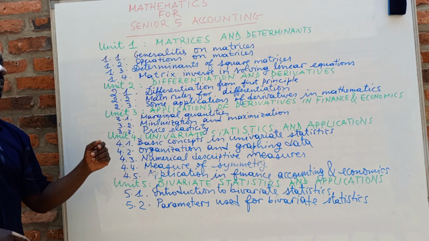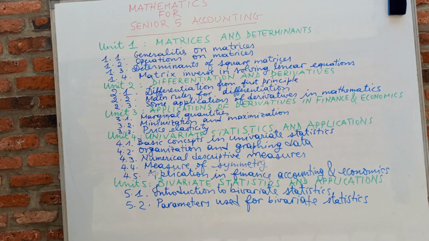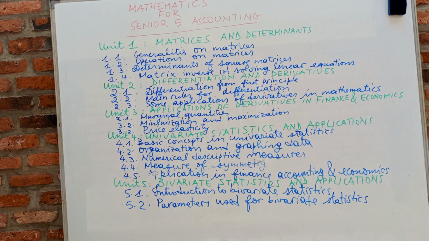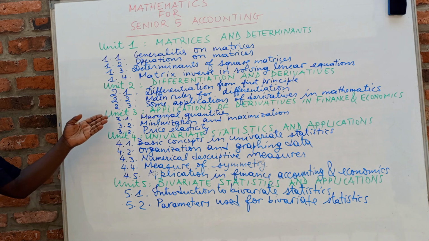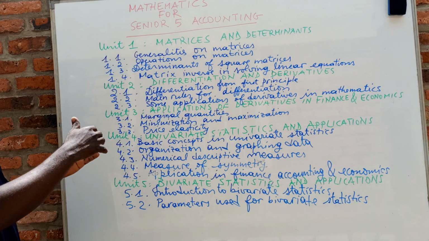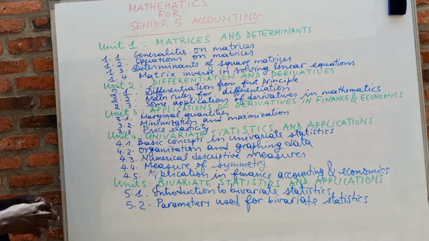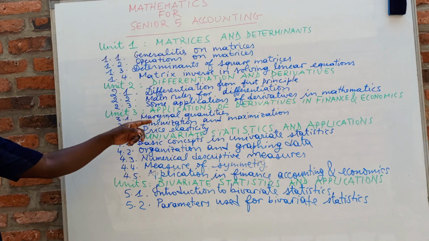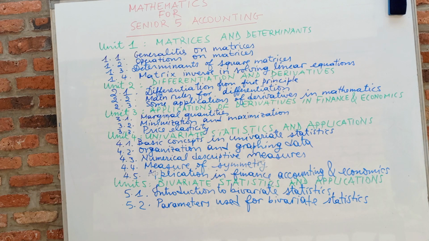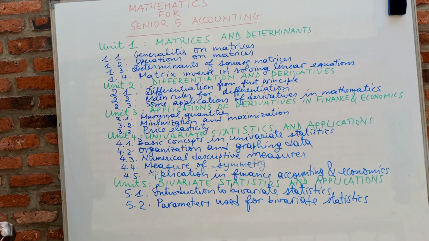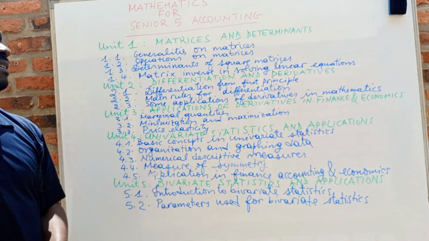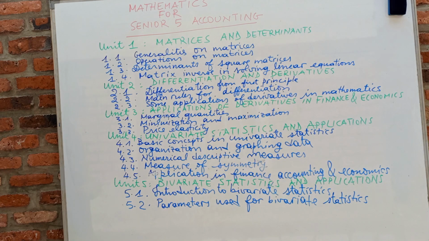We also see that this is an application of derivatives. When we are dealing with different quantities, matrices also can be used in this application. Unit number 4 is univariate statistics and the corresponding applications.